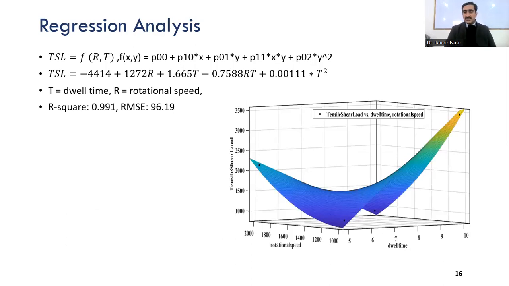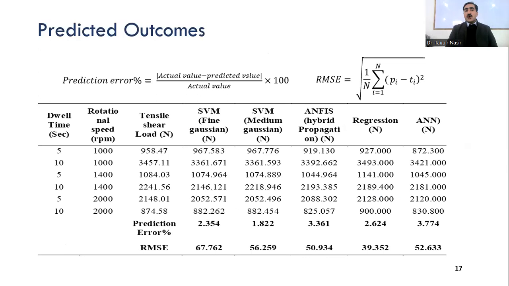You can see the picture of that, where we have the tensile shear load, rotational speed, revolving speed, and dwell time. In the mathematical models, here we can see the values, where T represents the dwell time and R represents the rotational speed. And for the prediction outcomes of these results, we have dwell time and rotational speed.